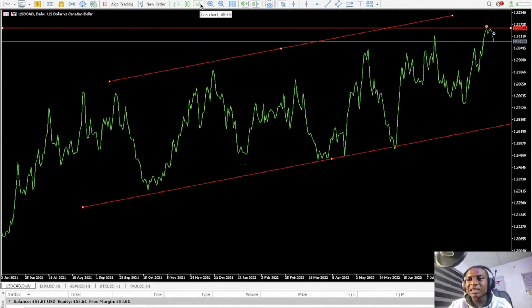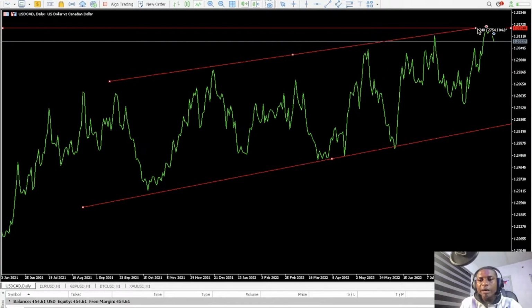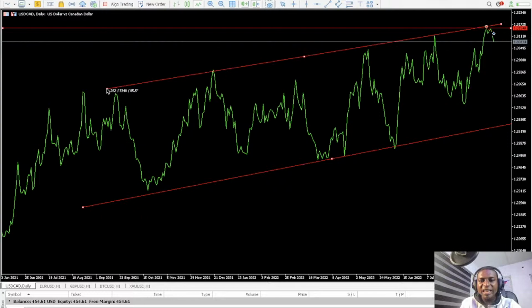So obviously now I've changed my chart from a candlestick chart to a line chart. And why is that so? Because I want to be able to identify the edges and draw my support and resistance levels excellently.